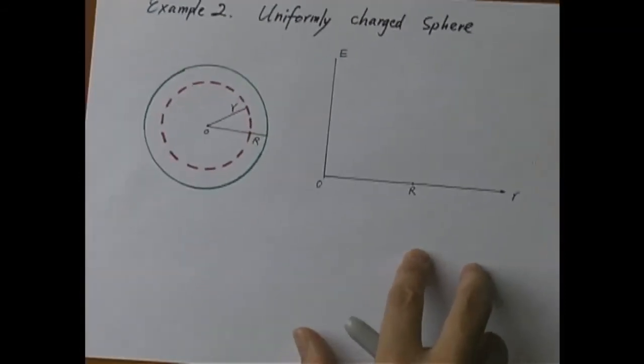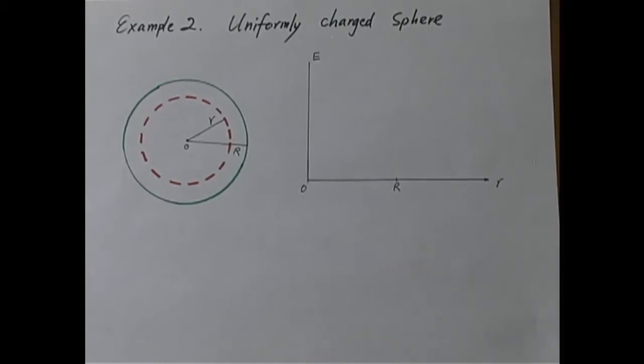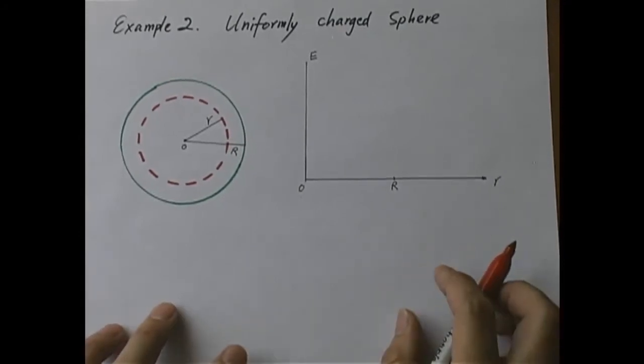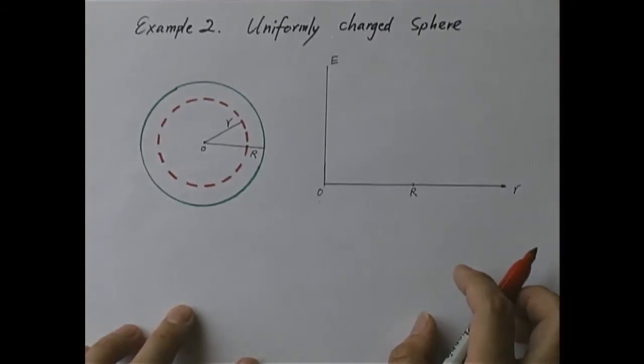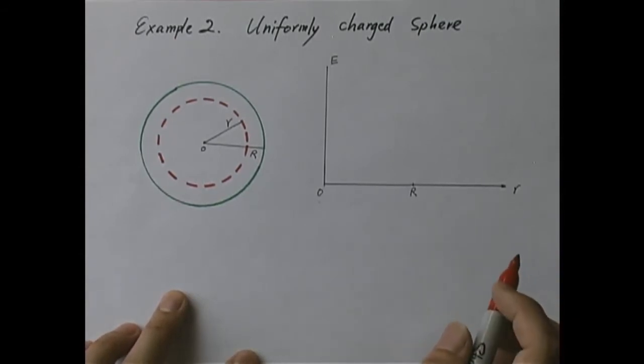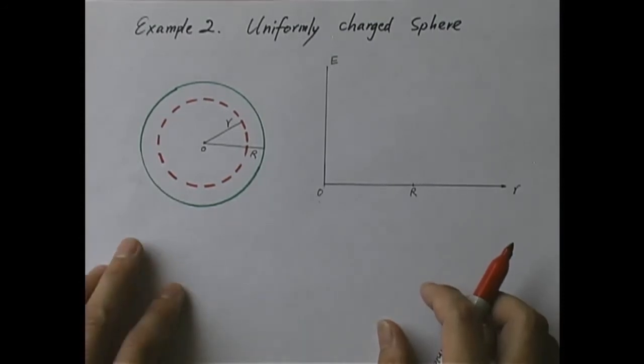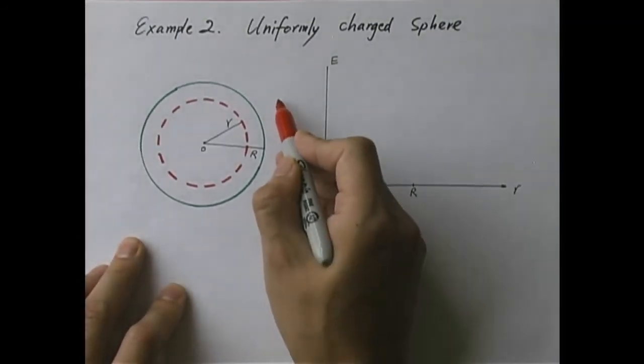Now naturally, the next thing you want to look at is a uniformly charged sphere, a solid but uniformly charged sphere. It is no longer a shell anymore. But it's still spherically symmetrical, so we can still calculate the result based on Gauss's law. Suppose you're outside, somewhere here.